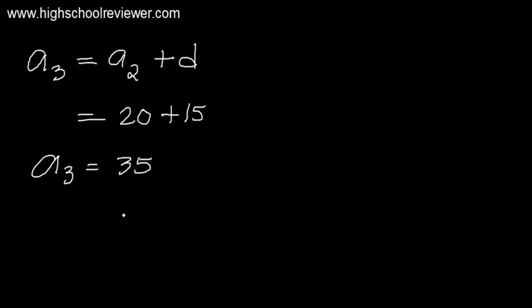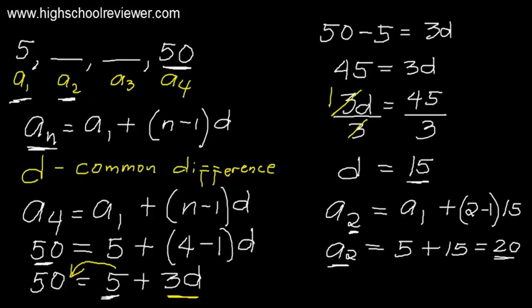So a sub 3 will be equal to 20 plus 15, that is positive 35. So we can now write here, a sub 2 is positive 20, a sub 3 is positive 35. And these are our final answers.